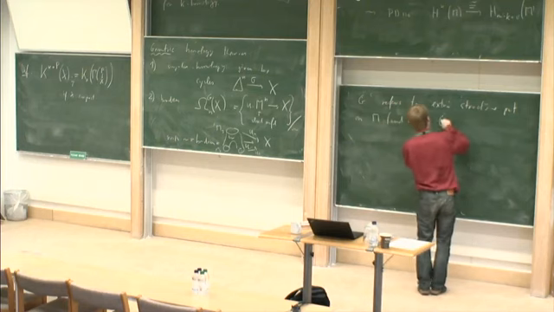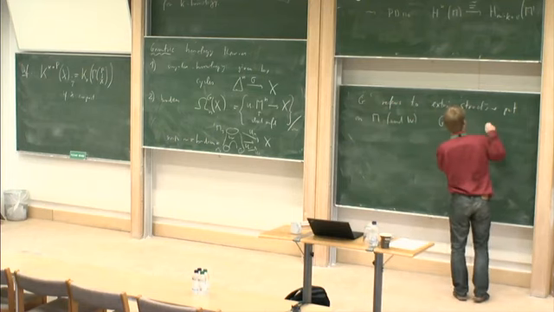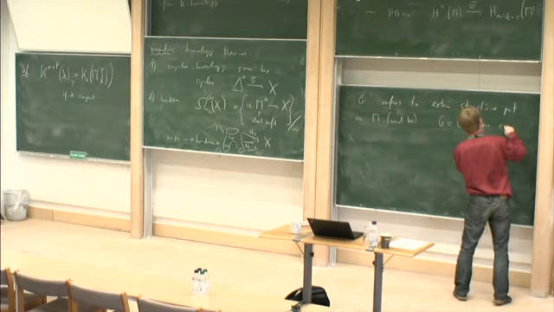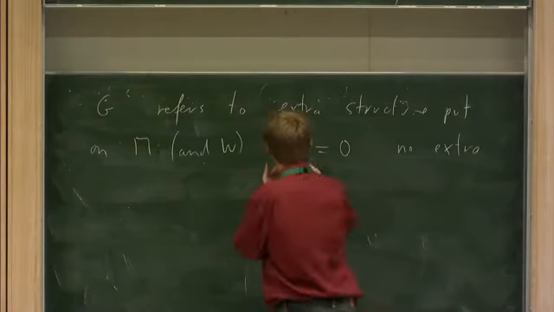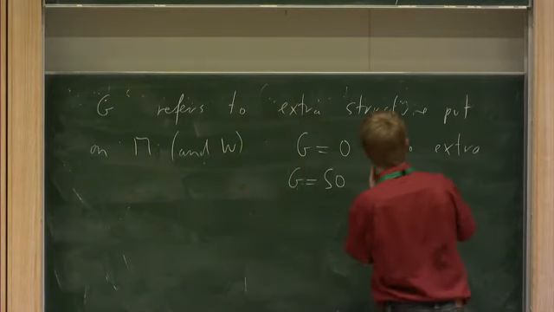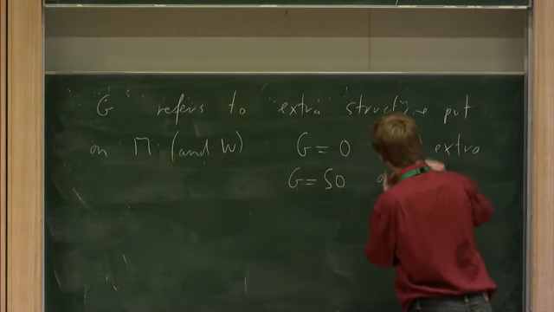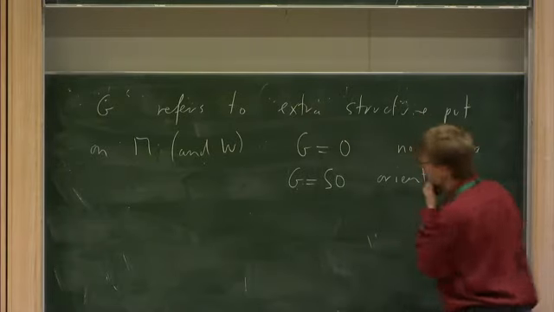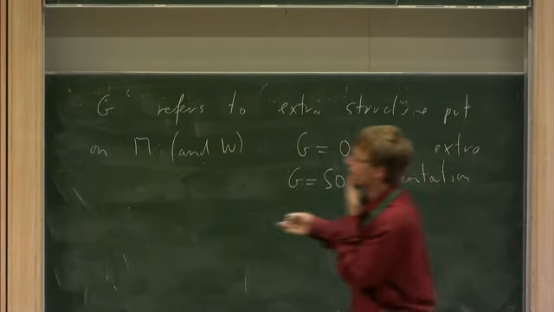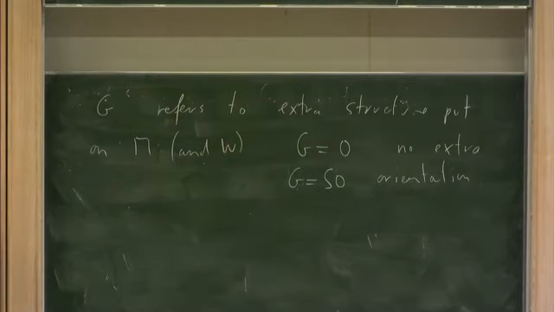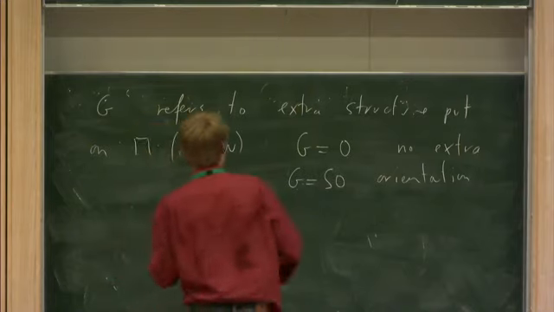So G equals O means no extra structure. Unoriented Bordism, we call that. G equals SO means orientation. So we put an orientation on the manifolds and on the Bordisms, in a compatible way, restricting to the orientation on the boundary.